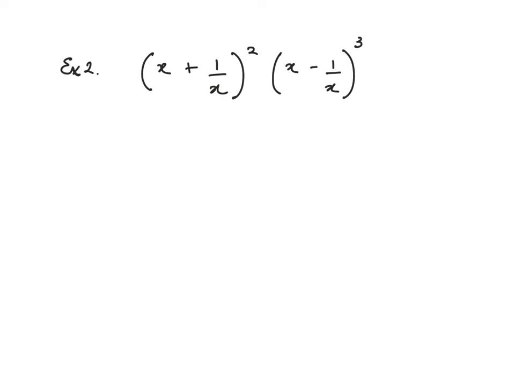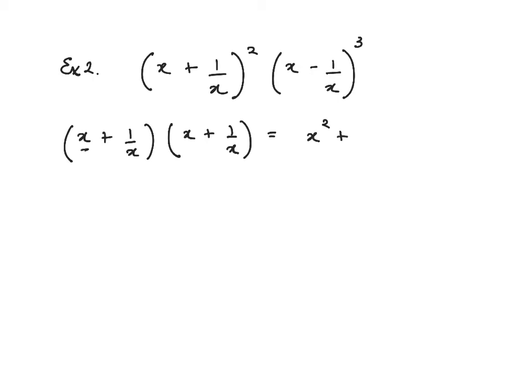Now, here we're dealing with fractions in the expansion for the first time. Let's take each bracket separately. The first one is nice and simple because we have just got a power 2. So x times x is x squared.